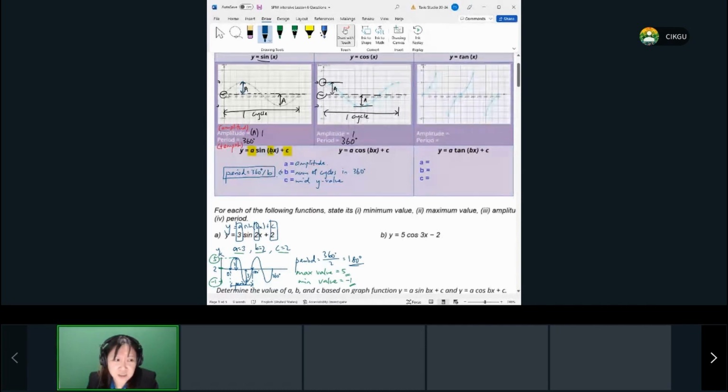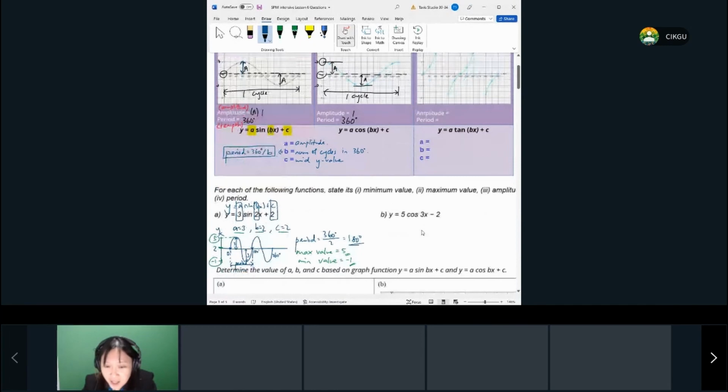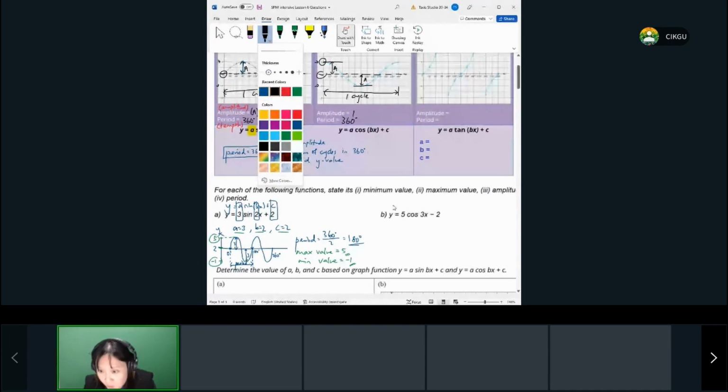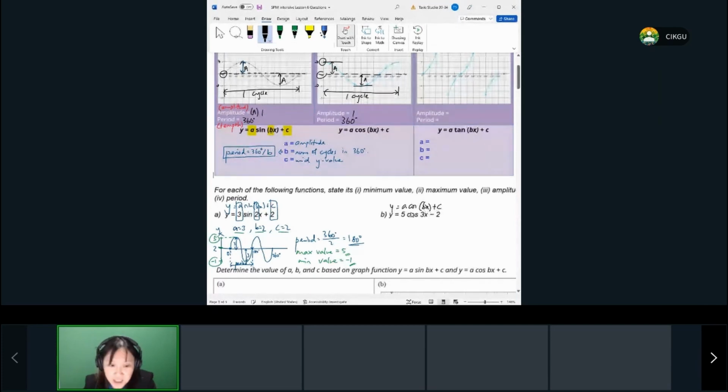For sine, it starts from 0 lah. But for cosine, it starts from a peak. That's the only difference. Everything else you can reuse. All right, so let's do this now. Compare again: y equals A cosine B plus C. Okay, A, B, C.